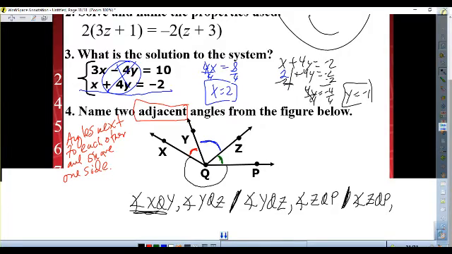Yeah. Jeremiah. Well, yeah, because we already have it here, but I said what other? Lily. Oh, PQX. PQX. Hands if you agree with that. That is correct. This one and this one are next to each other, and they have one side to share.